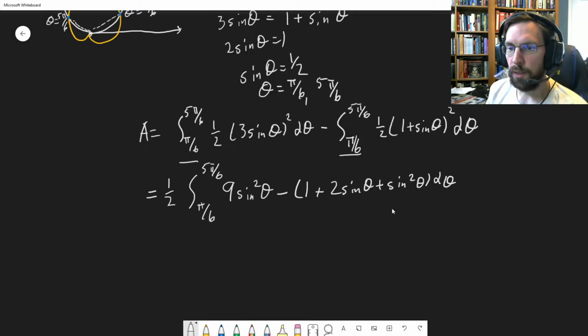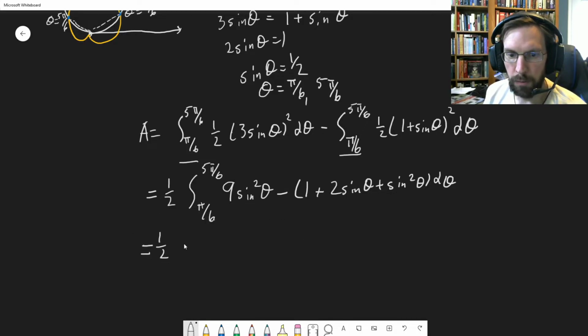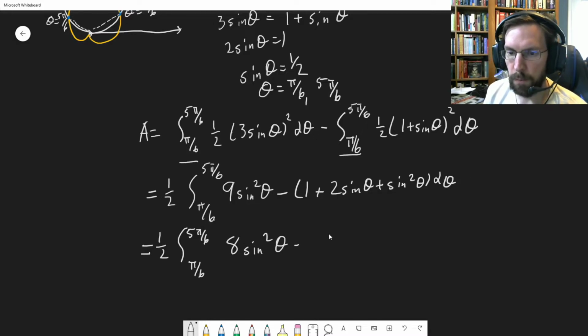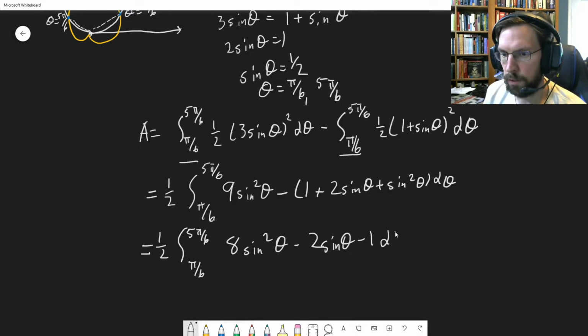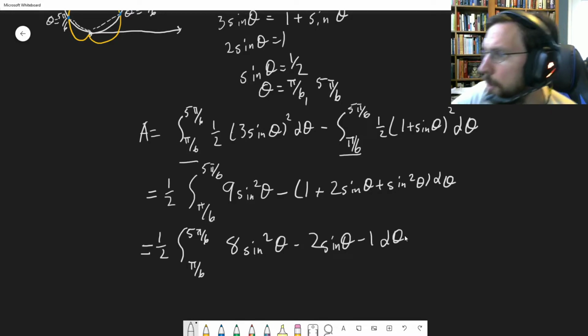Okay, so when we do this, we can actually combine the sine squared thetas. So 1/2 integral from pi over 6 to 5 pi over 6 of 8 sine squared theta minus 2 sine theta minus 1 d theta. And now we can solve this.